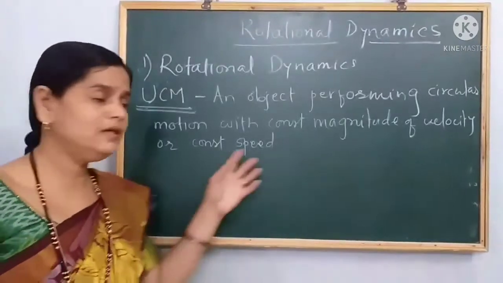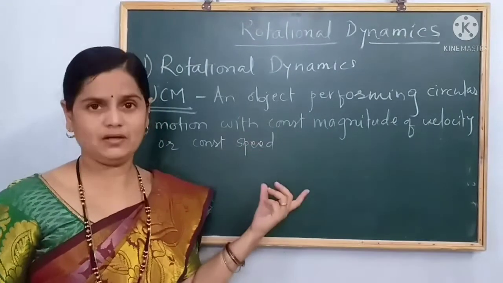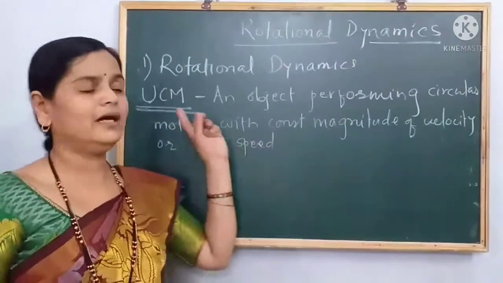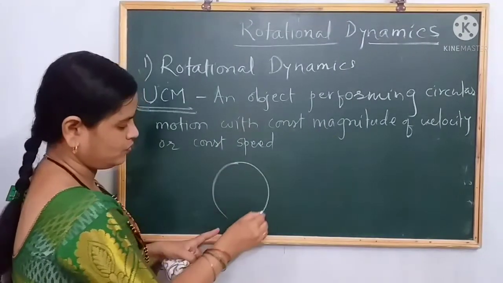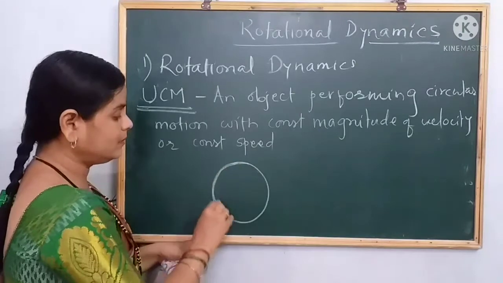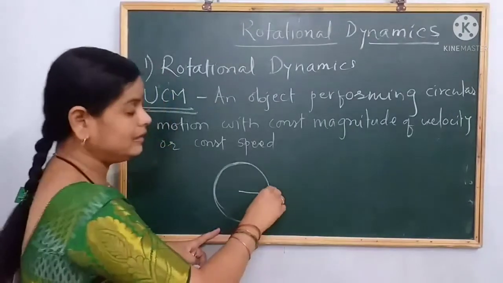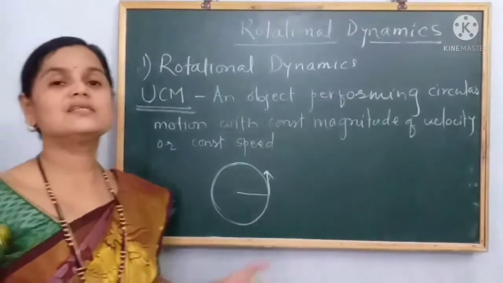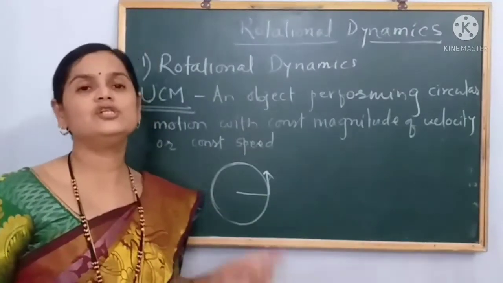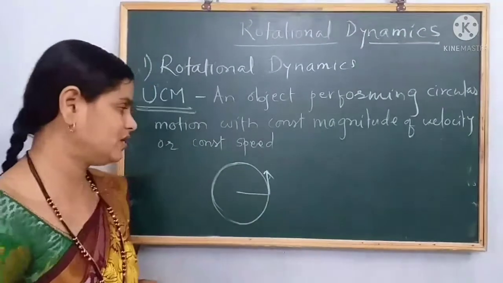Now, about linear velocity: an object performing circular motion with constant magnitude of linear velocity. Where does this linear velocity lie? It is always tangential to the circular trajectory.